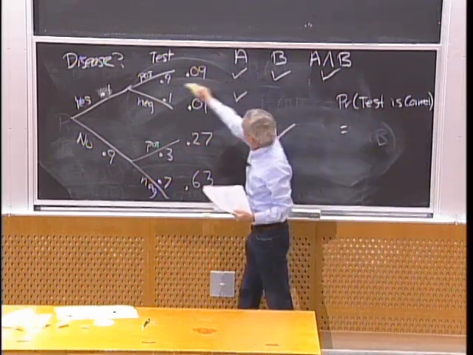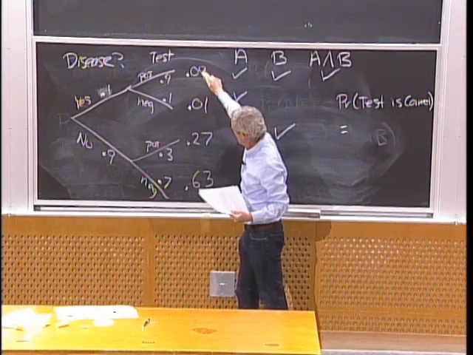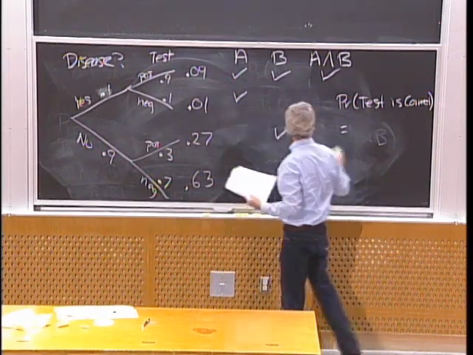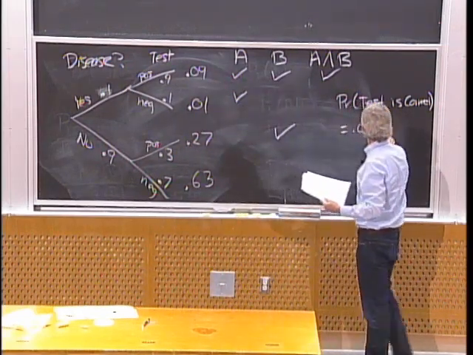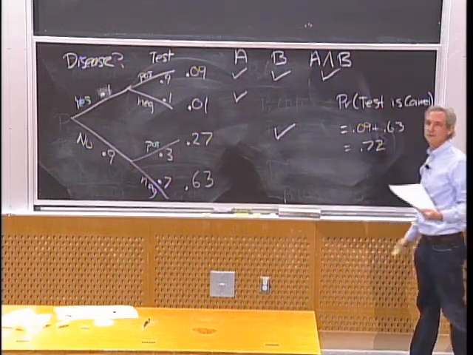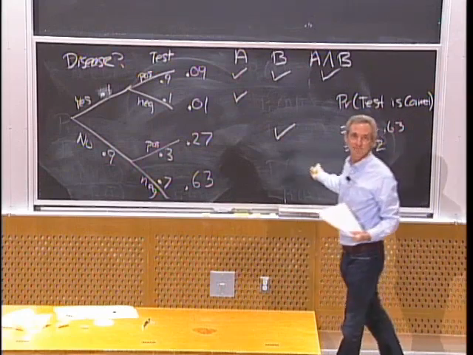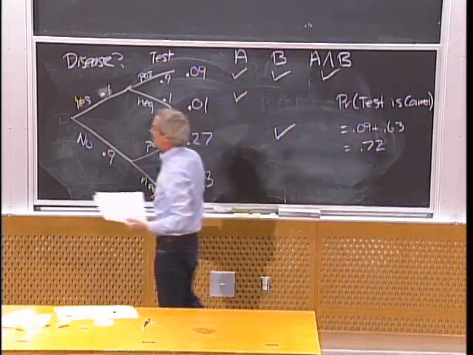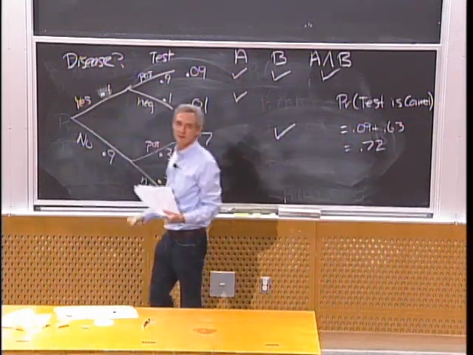Let's see. So it would be 0.09 plus 0.63 is 72%. So it's likely to be right. But if it tells you you have the disease, it's likely to be wrong.